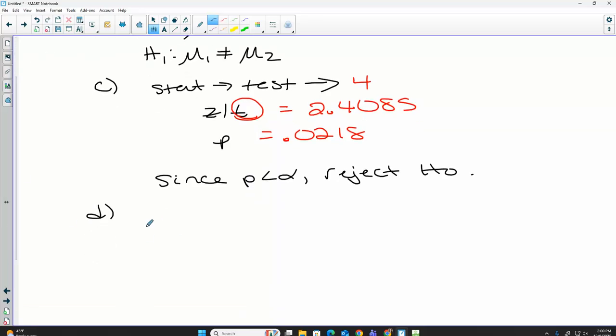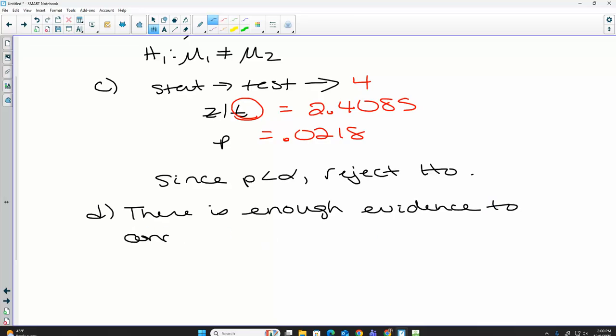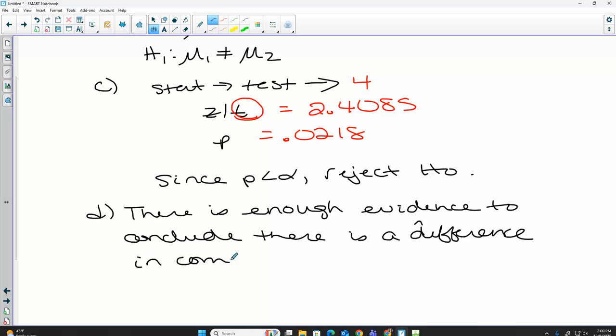We rejected the null, so that means there is enough evidence to conclude there is a difference in comprehension between the manuals.